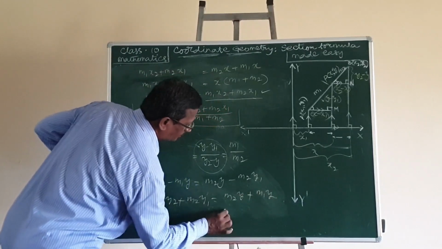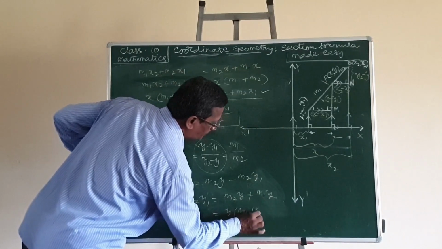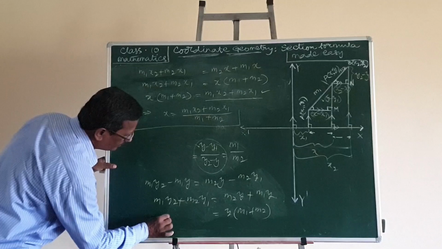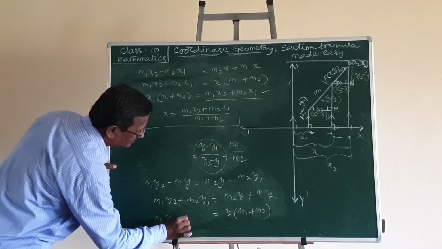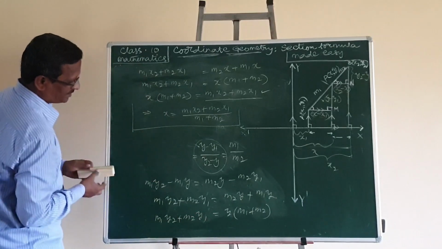Now, on taking common factor y into m1 plus m2, or m2 plus m1, this is one and the same. m1 y2 plus m2 y1. Same statement I will write here.